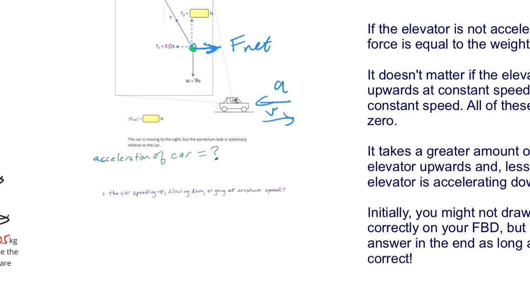So the net force will simply equal m times a. The mass, oh, be careful. If the weight is 7 newtons, weight equals mg.